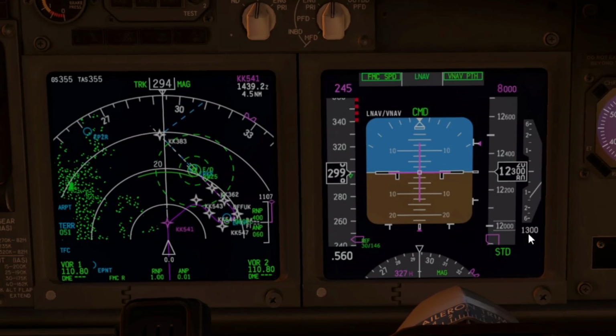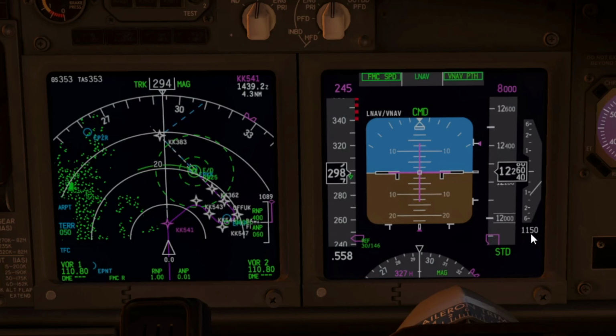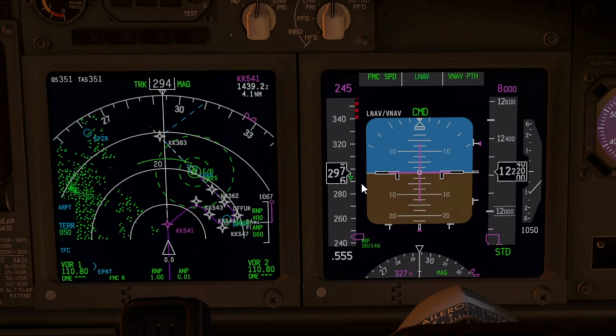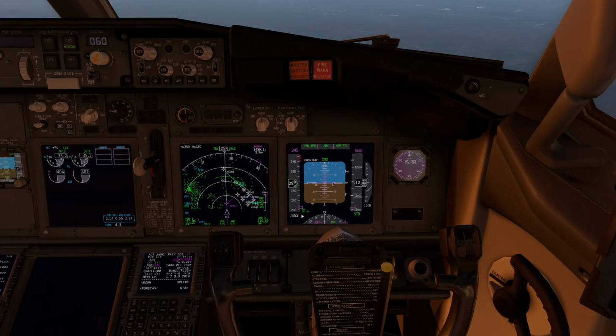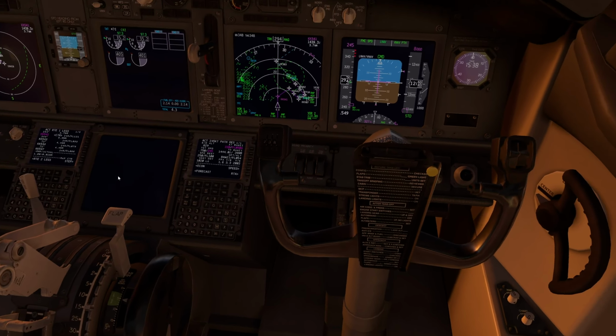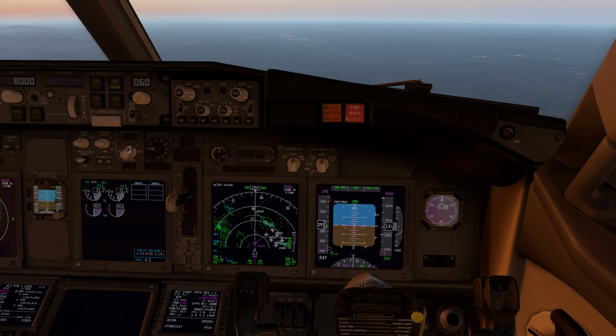It will go to a fixed rate of descent of 1000 feet per minute because we are too low. The speed is now decreasing again because we are still keeping the thrust to idle, and you will see that we should catch the profile back almost at the same time as we catch the correct speed as well.